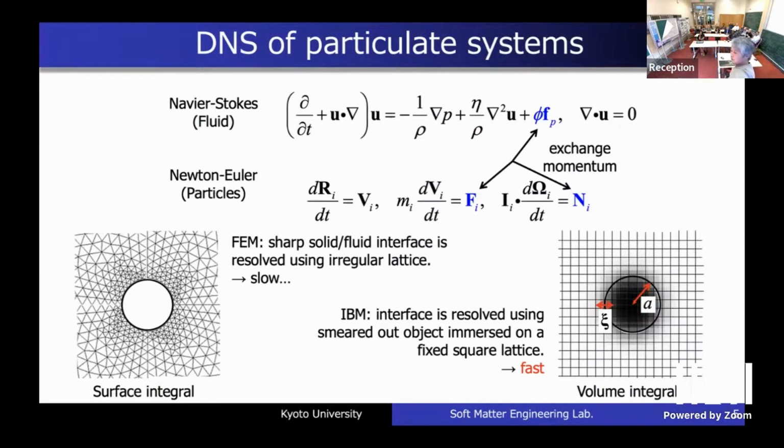If we add noise into the Navier-Stokes equation, then we can construct a consistent formulation, at least for non-active systems. Fluctuating hydrodynamics is already well established, and we can use that approach.